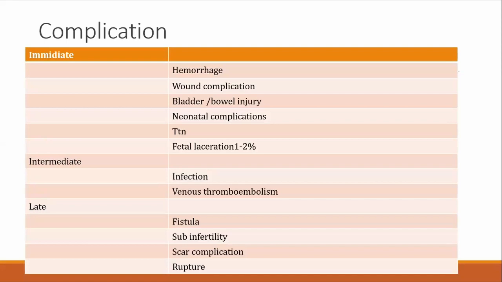And also neonatal complications like TTN are expected after the cesarean section, and also fetal laceration, which we can face in 1 to 2% of the time. In the intermediate period, there might be infection and venous thromboembolism, and later on it may lead to fistula, having few children, subfertility, and scar complications like rupture.